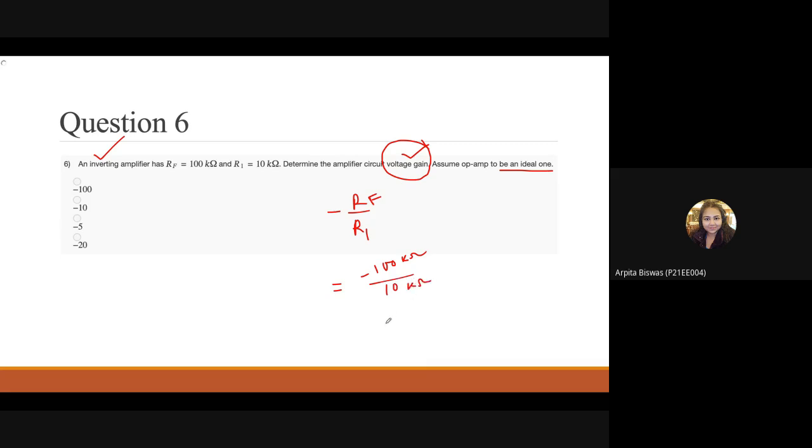So minus 10 is the right answer. If you have any doubt now, please go through the question carefully and go through the lecture also and recheck whether this answer is true or false.